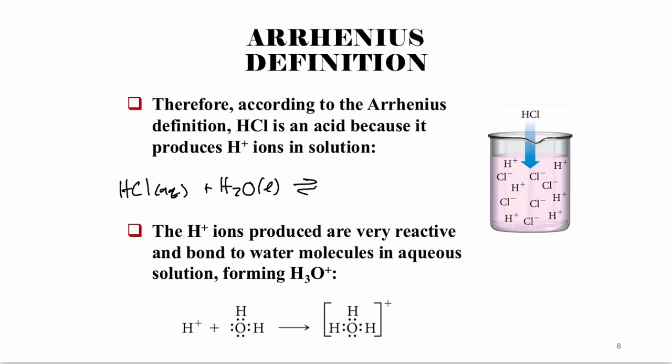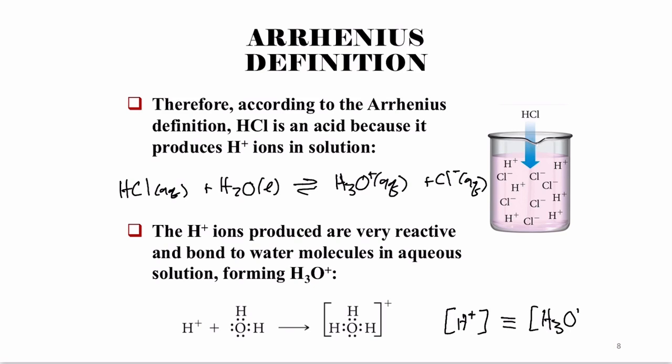The H plus ions, or protons, are usually picked up by the water molecule to then change the acidity or basicity of the solution. And so you'll see this a lot, especially dealing with acids and bases, that H plus concentration and H3O plus concentration are used interchangeably.